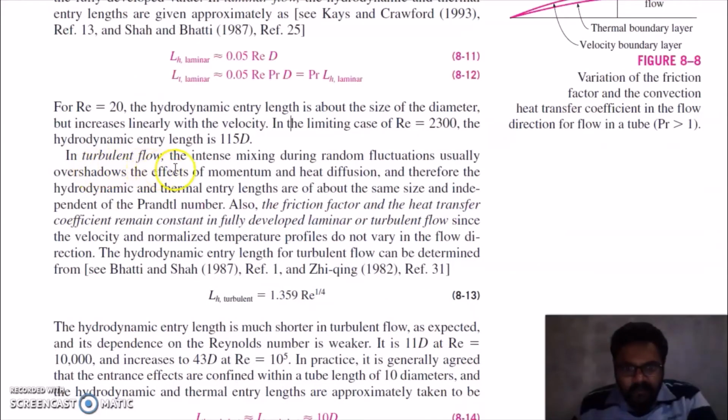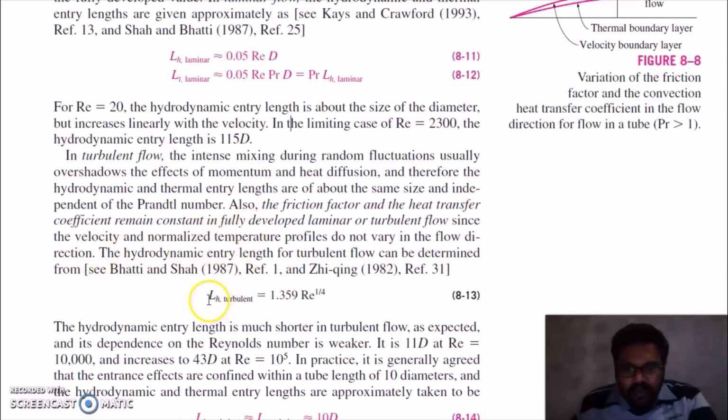In turbulent flow, the intense mixing during random fluctuations usually overshadows the effect of momentum and heat diffusion. It means that in turbulent flow, your friction factor and heat transfer coefficient remain constant in fully developed laminar or turbulent flow, since the velocity and normalized temperature profiles do not vary in the flow direction.